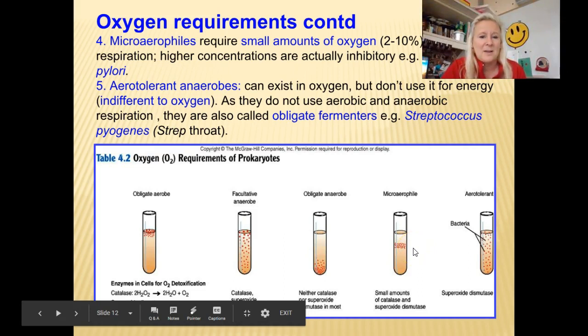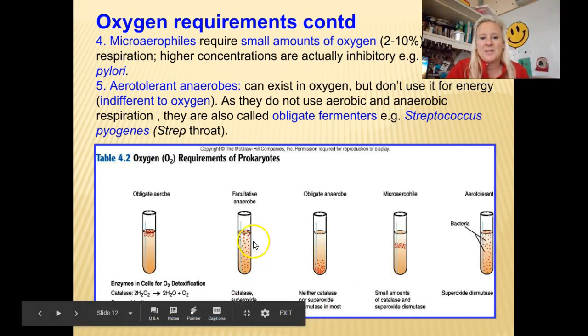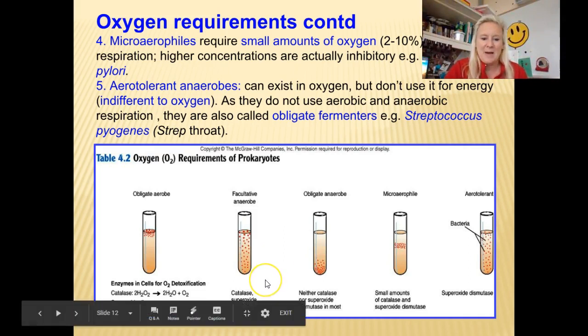Now the hard part is taking a look at the difference between the aerotolerant tube and the facultative anaerobe. What do you notice is the difference? I hope that you're recognizing that with the facultative anaerobe, the colonies that they're showing growing in this tube are actually much larger at the top than at the bottom.